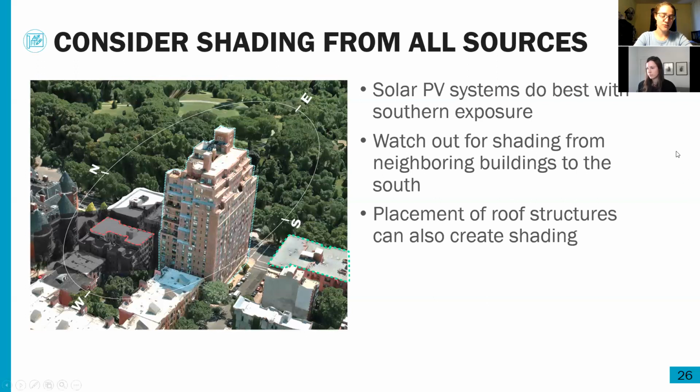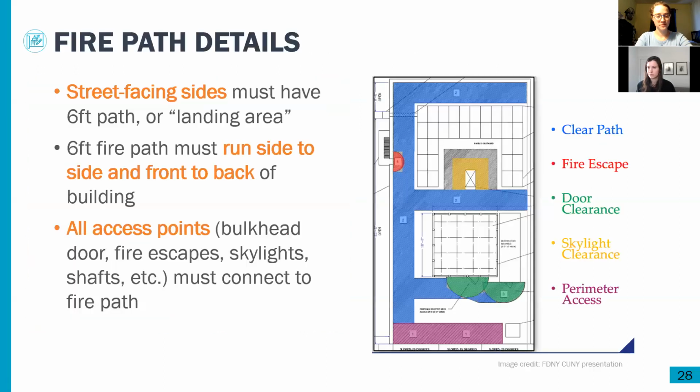Keep in mind that roof structures can also create shading. So if you have an elevator bulkhead that's at the southernmost point of a roof, that'll probably make unfeasible more of the roof than if you put the bulkhead at the northernmost point of a roof. Firepaths are also very important.